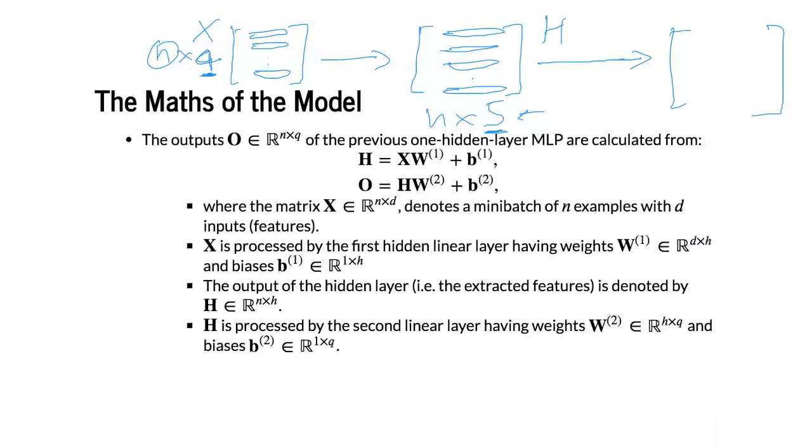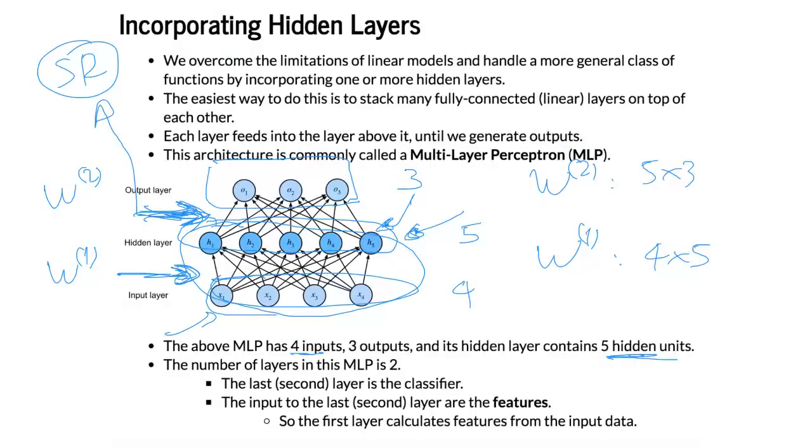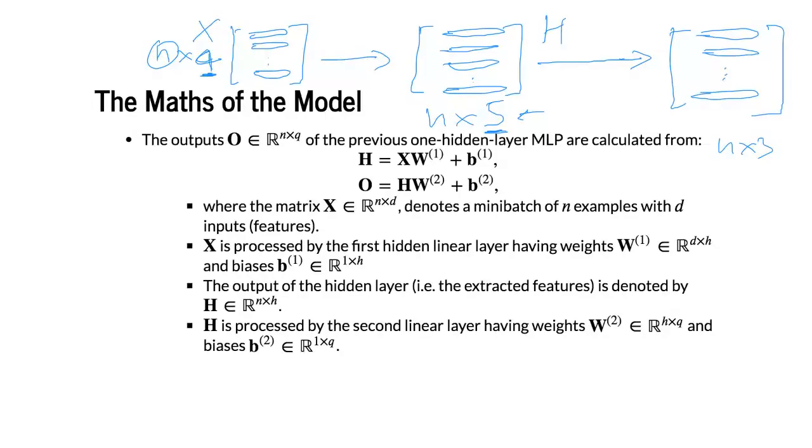It will be n times 3. Again, I will have as many rows as the input, n examples, but now I have 3 output features. And then the output can be passed through a softmax layer and then get my final output.